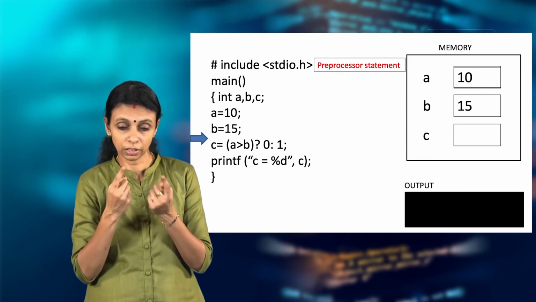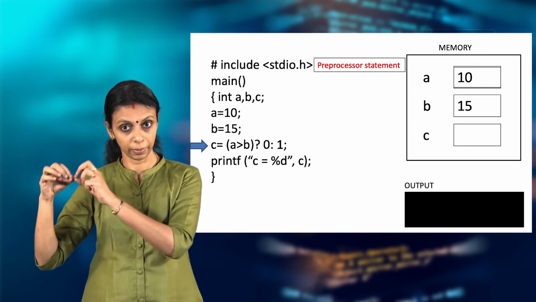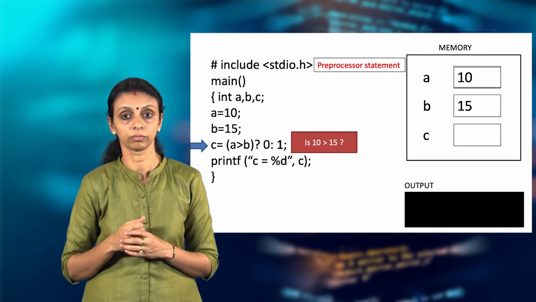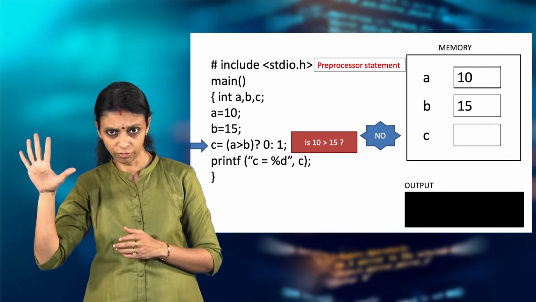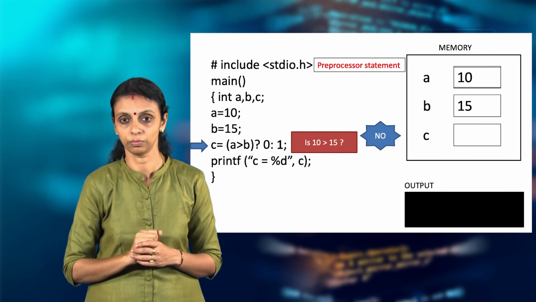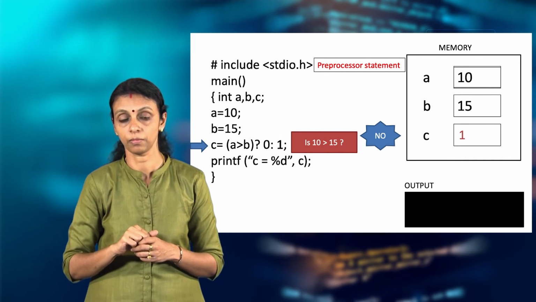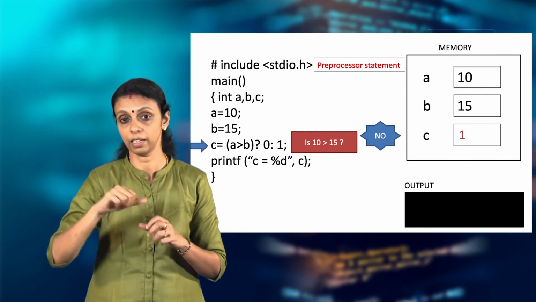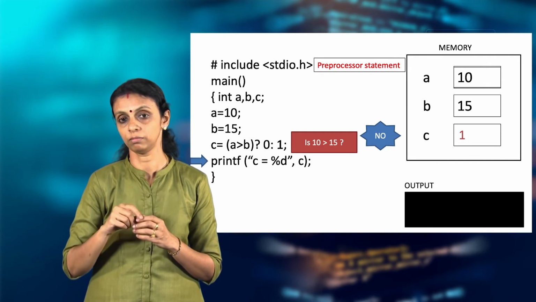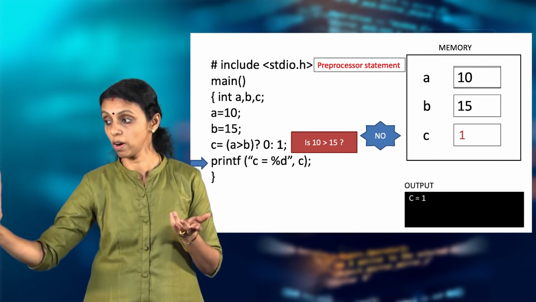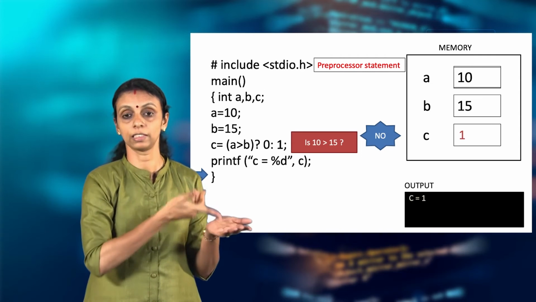This statement checks whether a is greater than b. Is 10 greater than 15? No. In this case, a is not greater than b. So, it stores 1 in c, that is expression 2.